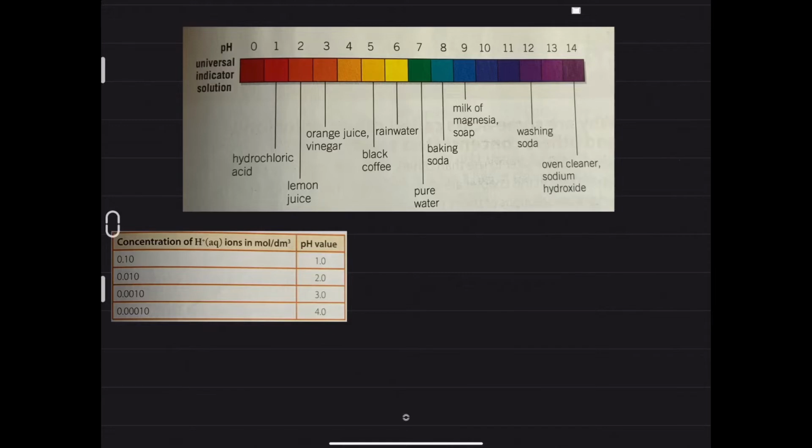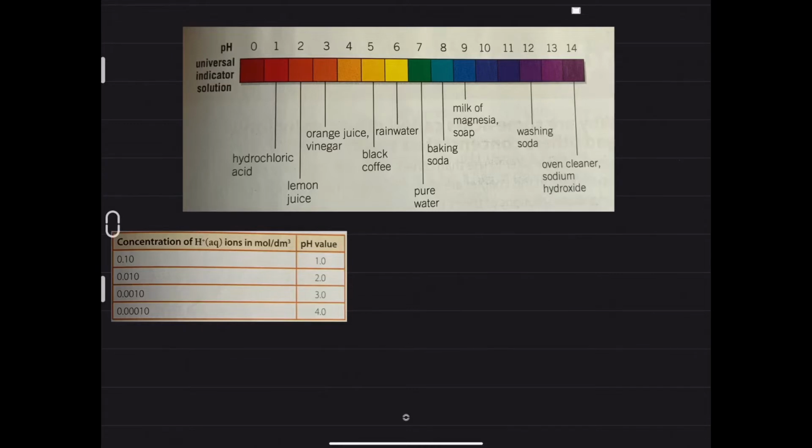So the first thing is the diagram on top here showing the color variations with universal indicator and various substances. You must know the pH value for at least one or two items that have been listed here.